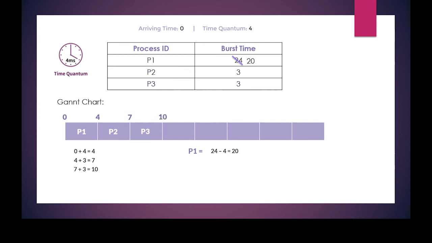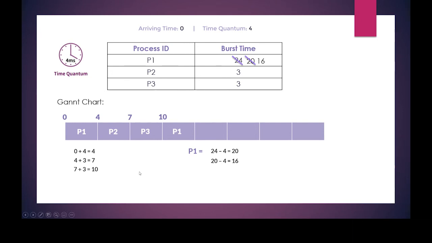Next, since we are done with P2 and P3 and we preempted P1 a while ago, we will now proceed to P1 again. In this case, since P1 did not complete its execution in the first quantum, the CPU will again be given to P1 and it will be allowed to execute for one quantum of time, which is 4 milliseconds, and it will go like that until it reaches the end of the queue.